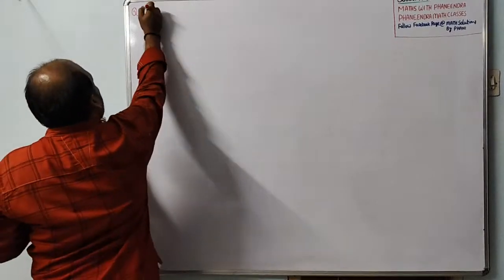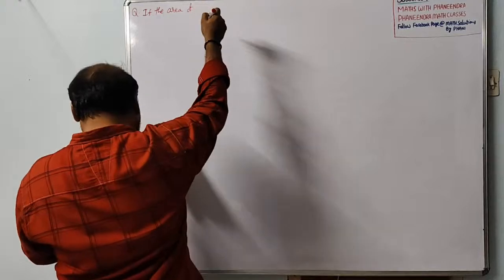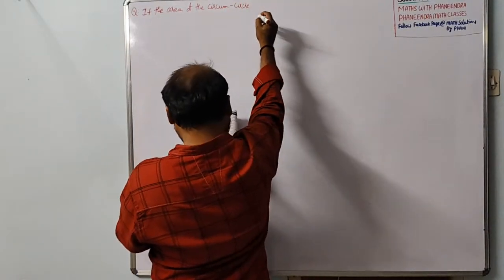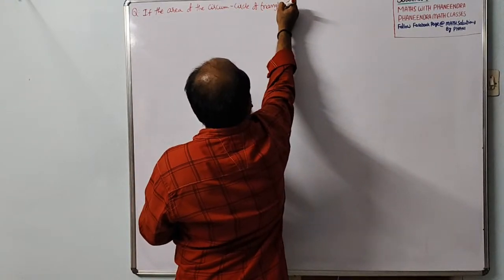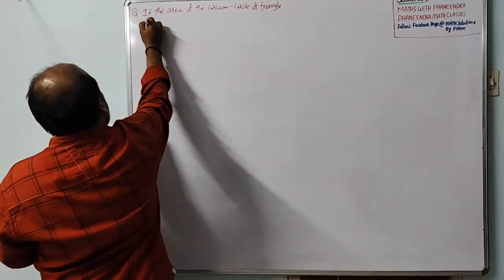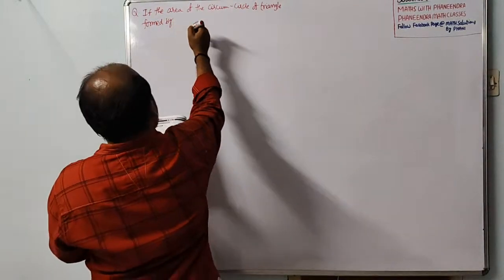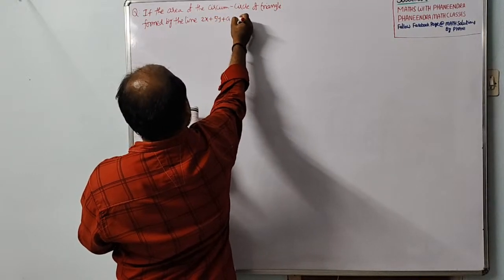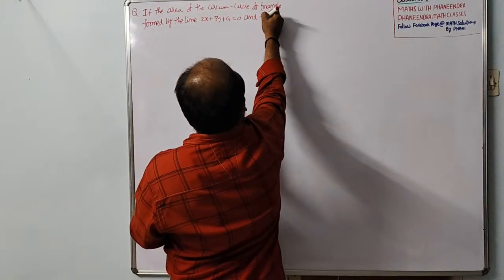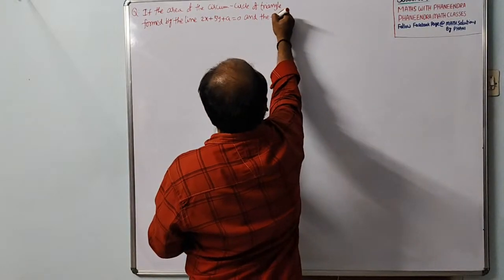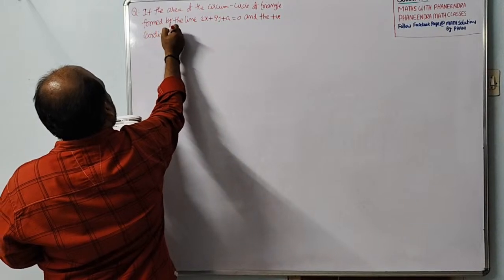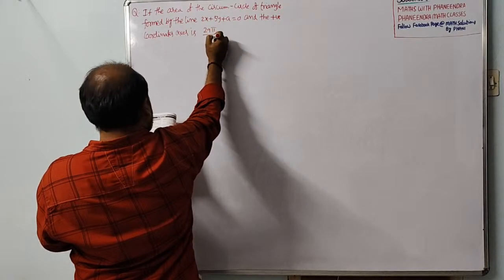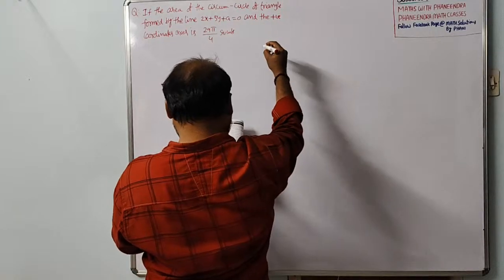Yeah, the next question. If the area of the circumcircle of the triangle formed by the line 2x plus 5y plus a equal to 0 and the positive coordinate axes is 29 pi by 4 square units, then mod A is equal to?